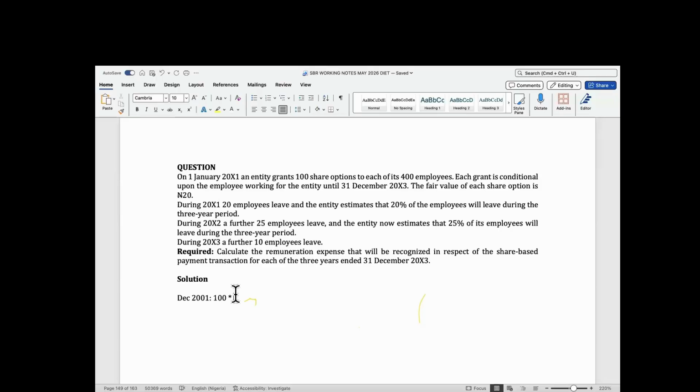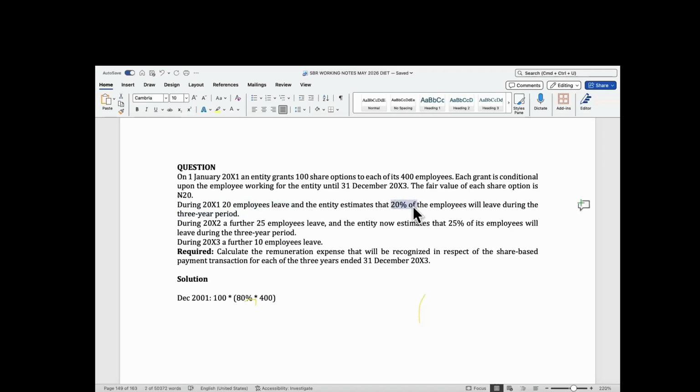80% of 400. That's correct. 320. That's correct. Because 20 employees leave, and the entity estimates that 20% of the employees will leave during the 3-year period.